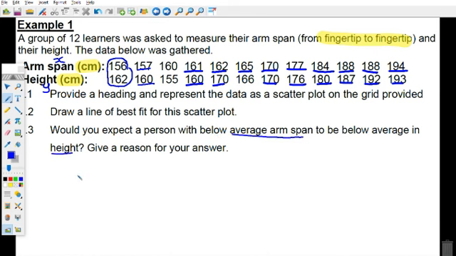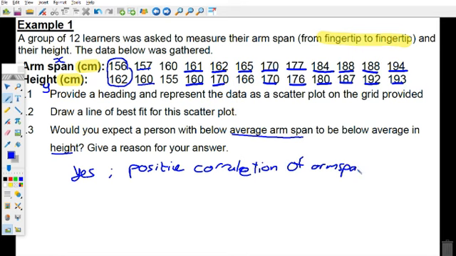Okay, so would you expect? Yes. Give a reason. Positive correlation of arm span to height.